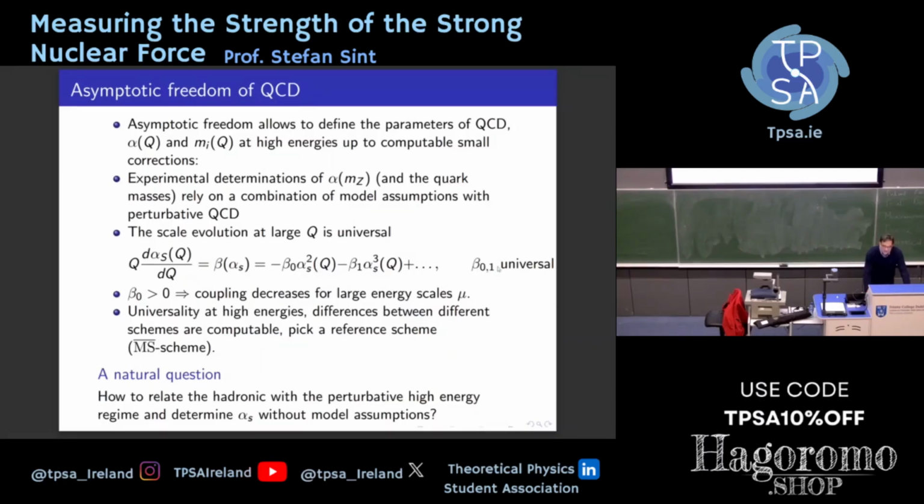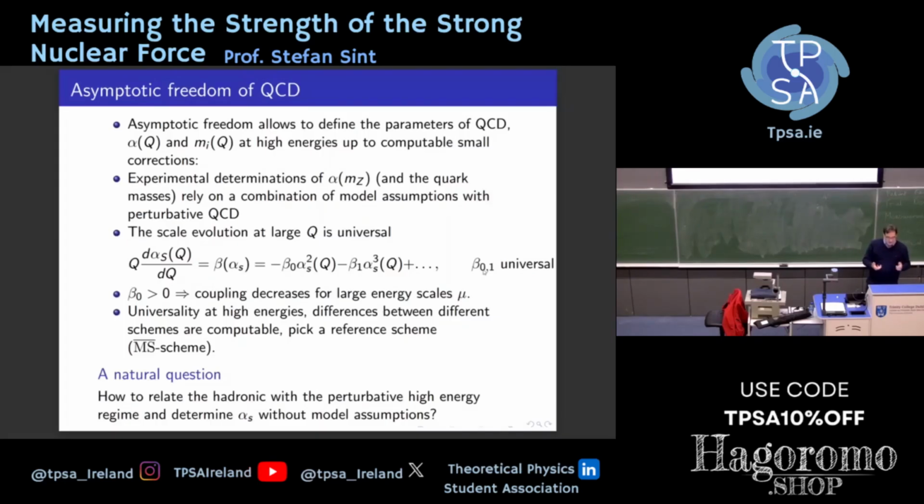There is some interesting fact here. Beta 0 and beta 1, the first two coefficients in that expansion, do not depend on the renormalization scheme. The renormalization scheme is something you need once you do loop calculations in quantum field theory, which is some years away for most of you. The quantum field theory course barely gets to renormalization, as it's an advanced topic.